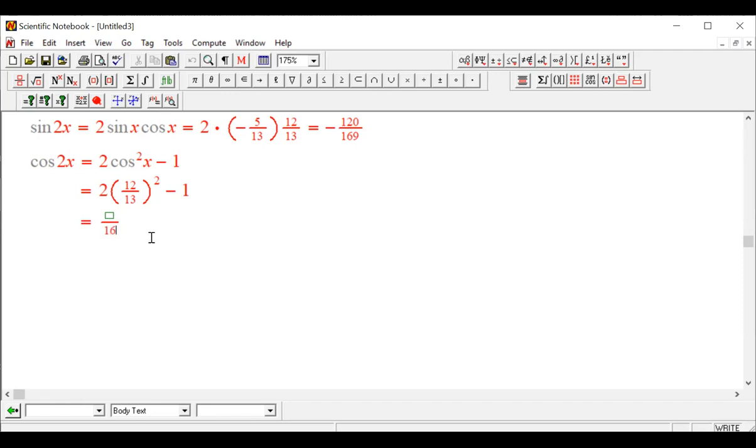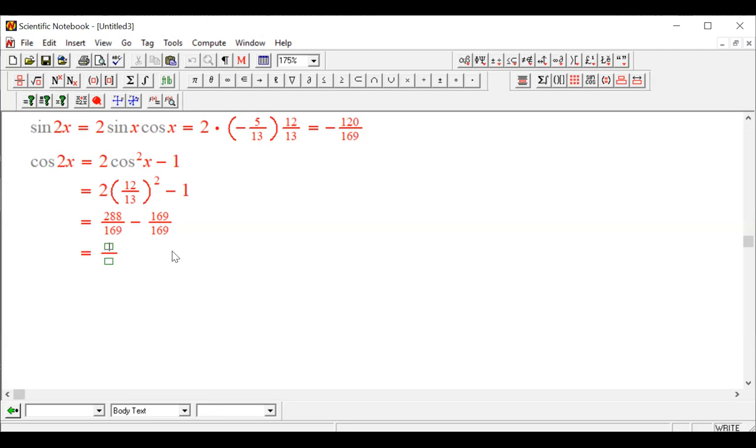So 169, 144 times 2, 288, minus 1, and this 1 is going to turn into a fraction, with the same numerator and denominator, because we want to be able to add and subtract them.